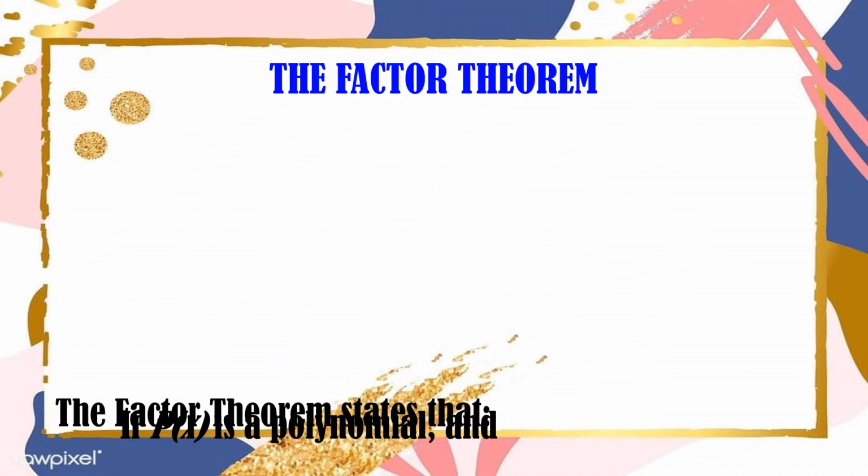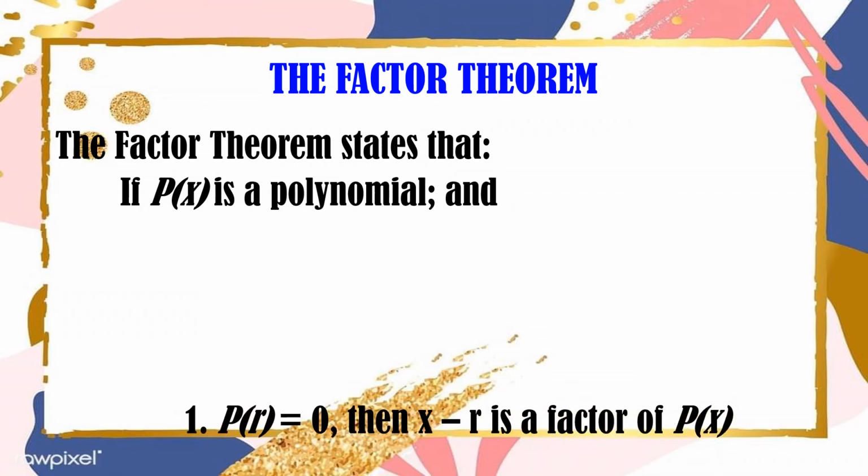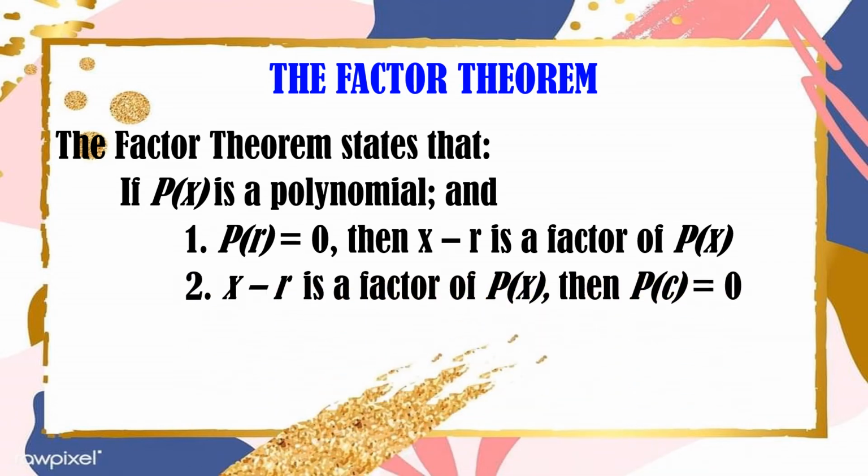The factor theorem states that if p of x is a polynomial and 1, p of r is equal to 0, then x minus r is a factor of p of x. 2, if x minus r is a factor of p of x, then p of r is equal to 0.